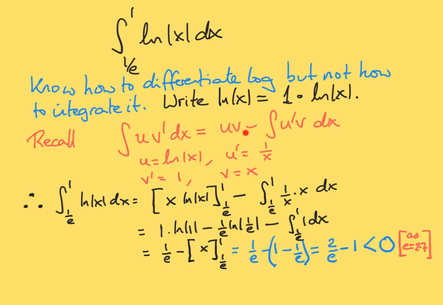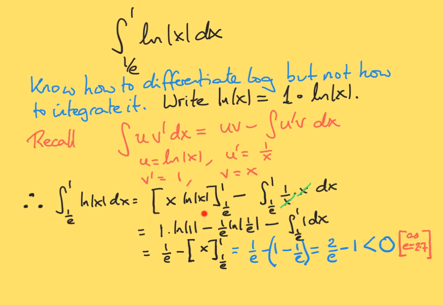And then we subtract the new integral, which is the integral, again, from 1 over e to 1, of the derivative of u, that's 1 over x, multiplied by the integral of v dash, and that's just x. So we see that these factors of x are just going to cancel, and we are going to just have a 1 in a moment to integrate.